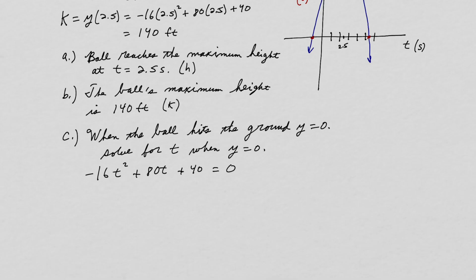Although I would recommend just using technology. If you get something like this on a homework question, I would just use a calculator or use the computer or ask AI to solve it for you. But we could solve it using the quadratic formula, right? So remember, that's t equals minus b plus or minus the square root of b squared minus 4ac, all over 2a.